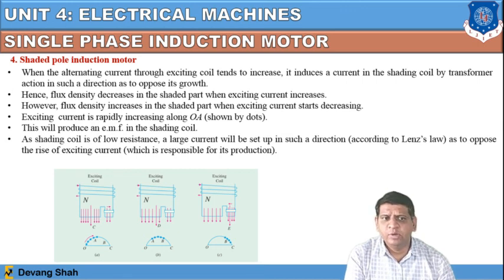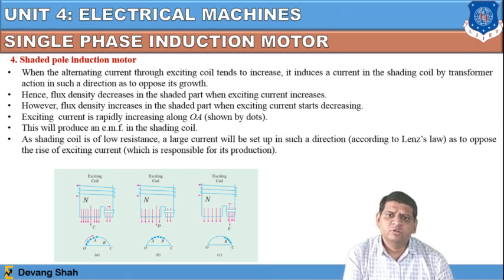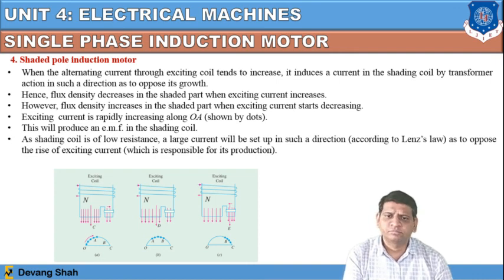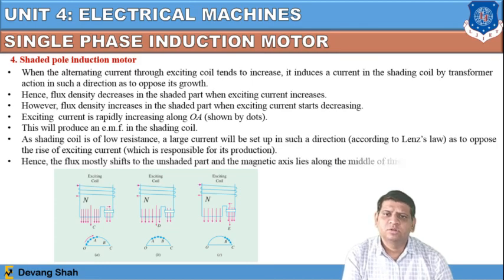According to Lenz's law it opposes the rise of the exciting current. You can follow figures A, B and C and observe the flux being transferred from the shaded part to the non-shaded part to the shaded part of this pole, right? That's how the shaded pole induction motor works.